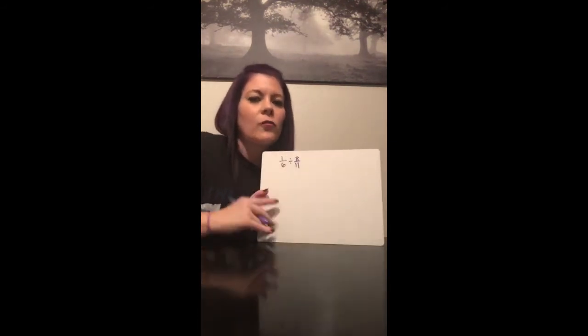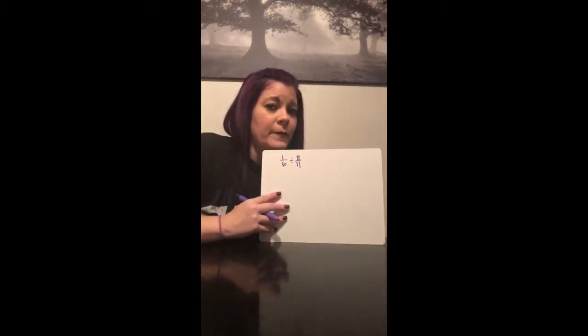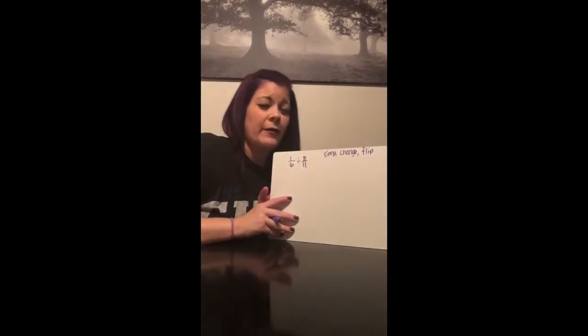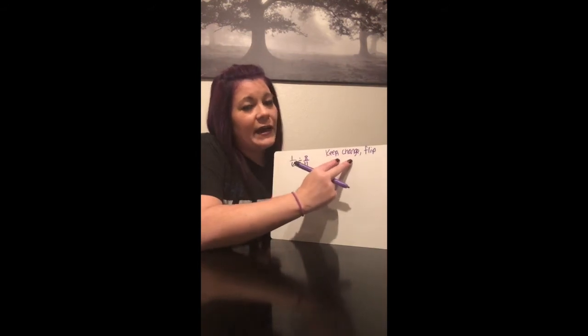What if I have 1/6 divided by 8/11? Now division only has one extra step compared to multiplication. I teach my kids keep, change, flip. If you were in my class, I would actually tell you how we got keep, change, flip.